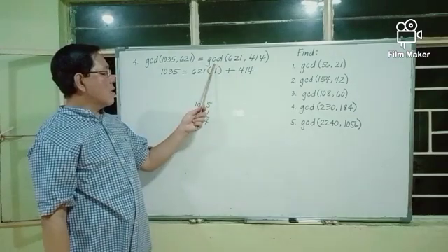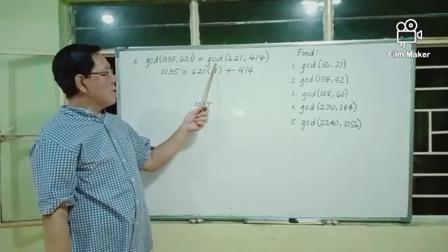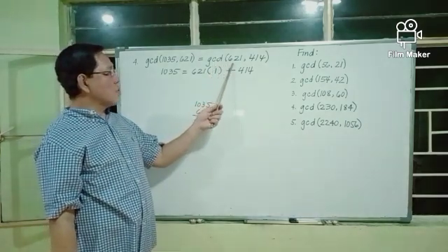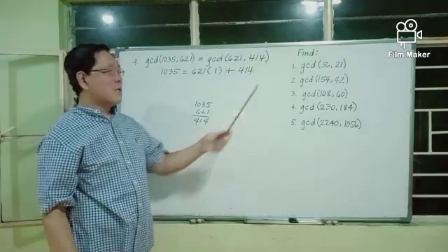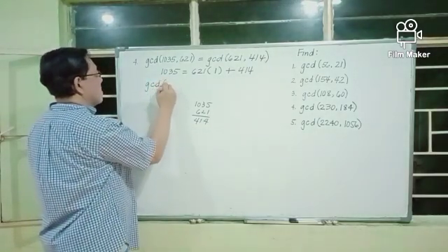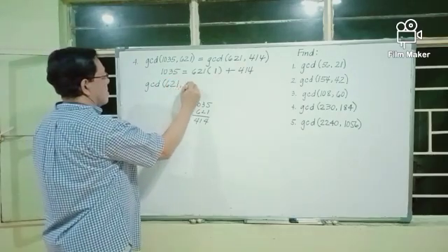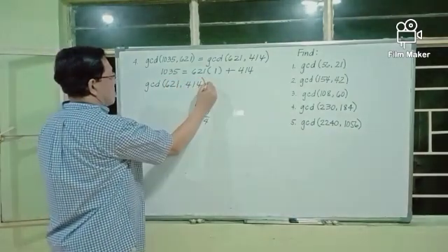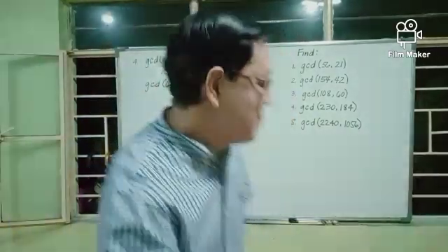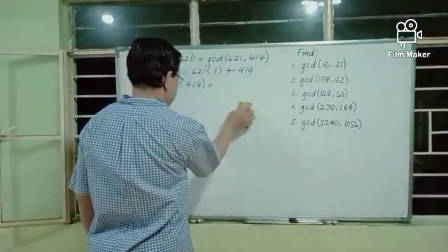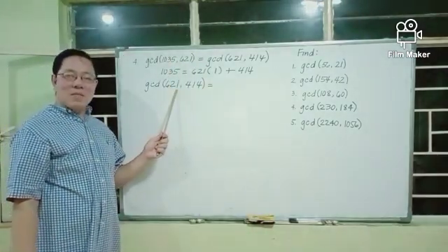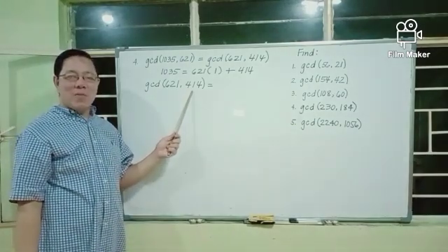Now we write an integer that is equal to the greatest common divisor of 621 and 414. For this, A now is 621 and B is 414.